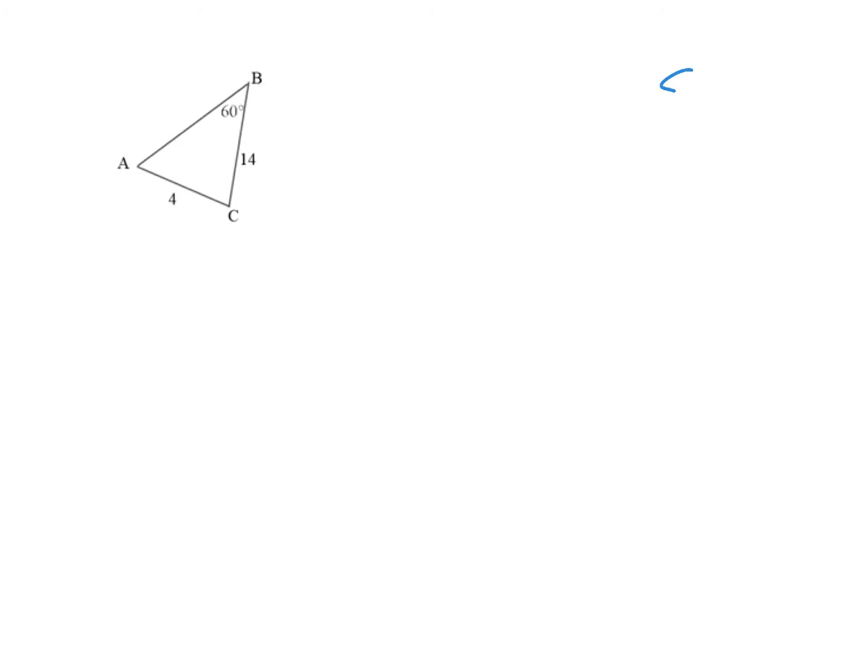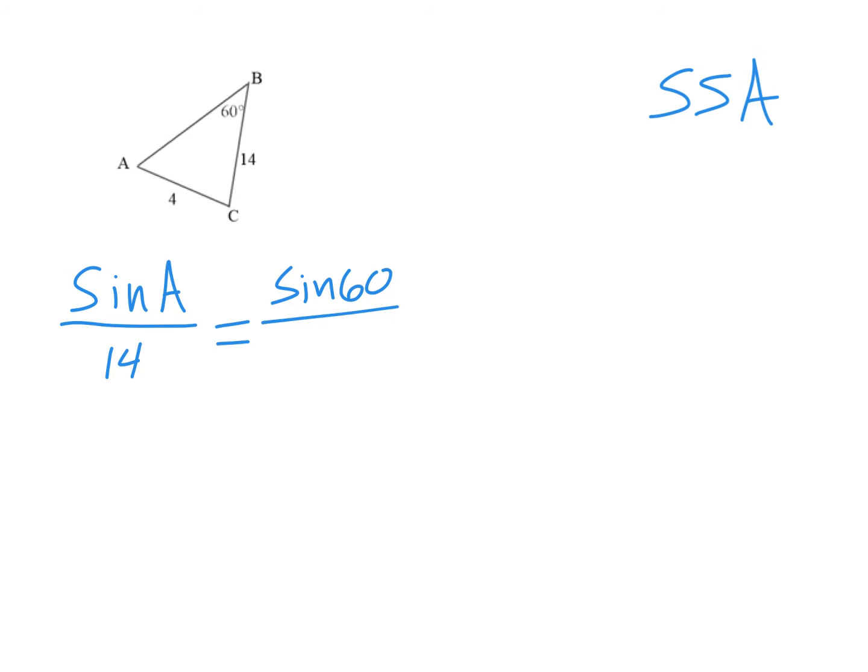Now, each one of these I continue to label the case. Right, here's side angle. And you'll see with this case, you have to solve for sine of A first. You'll see there's no other option for how to set it up. And then I could set this equal to sine of 60 over 4.